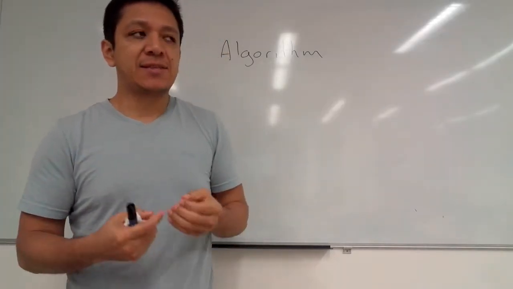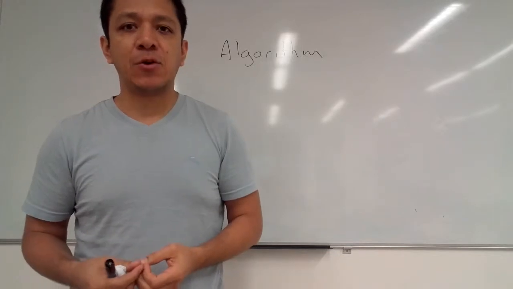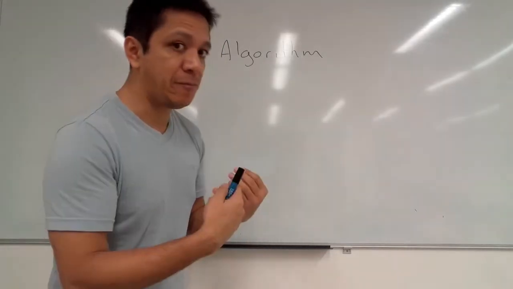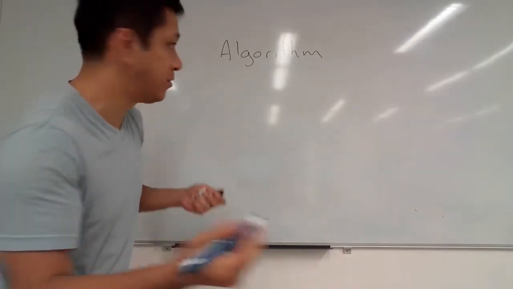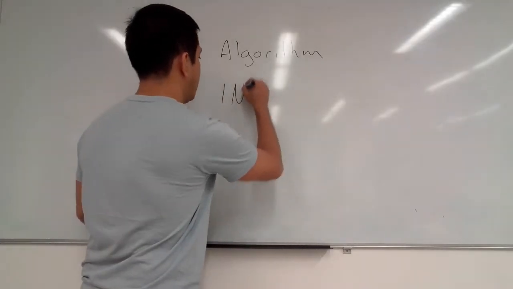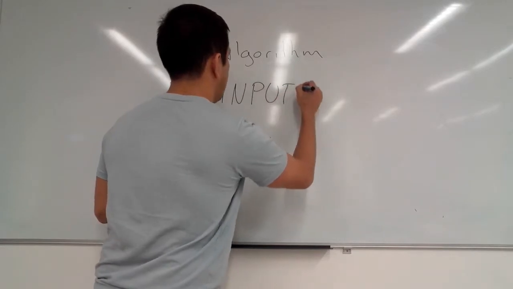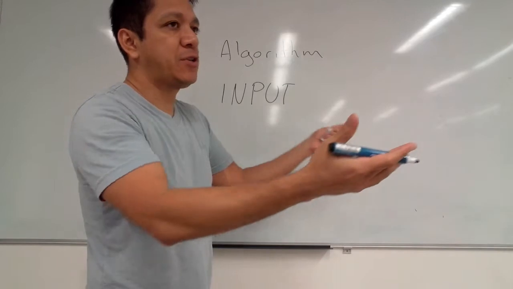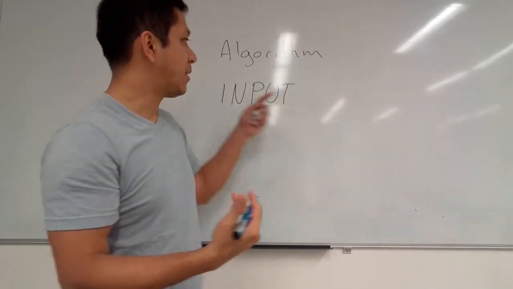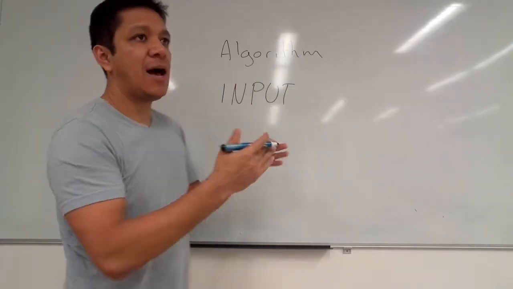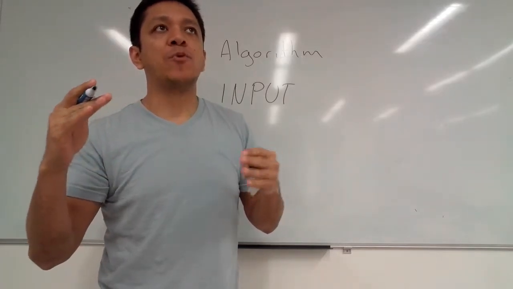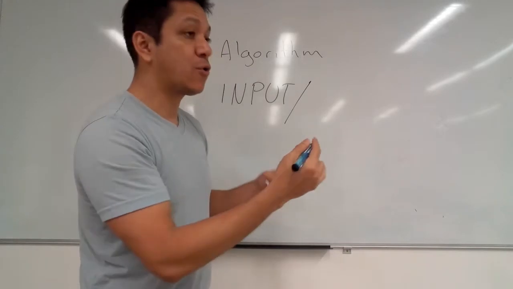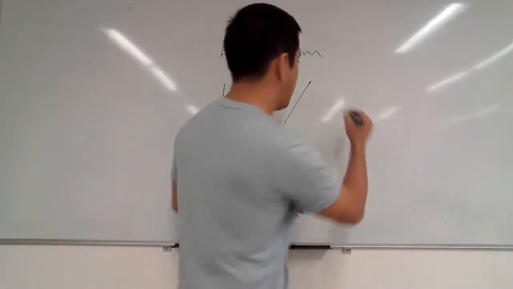An algorithm is a well-defined computational procedure to get some values, and when I say values, I can think of input. For any reason, I have some information that I'm going to call the inputs, and there is going to be a computational procedure, or series of steps, in order to convert the input into the output.